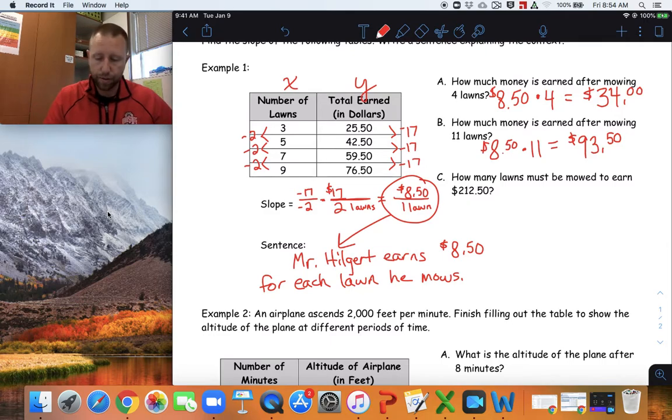And then for the last one, how many lawns must be mowed to earn $212.50? So all I have to do is see how many times does $8.50 go into $212.50. And when I do that, I find out, well, let's set it up first.